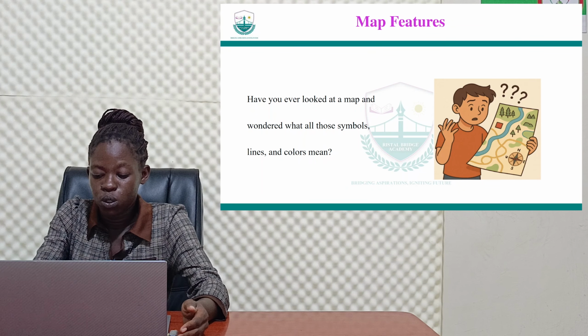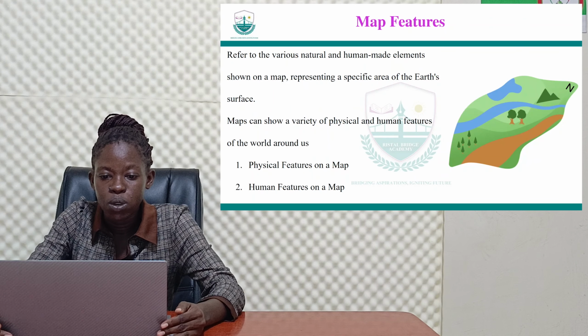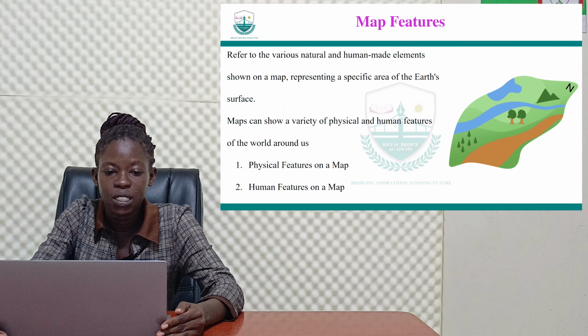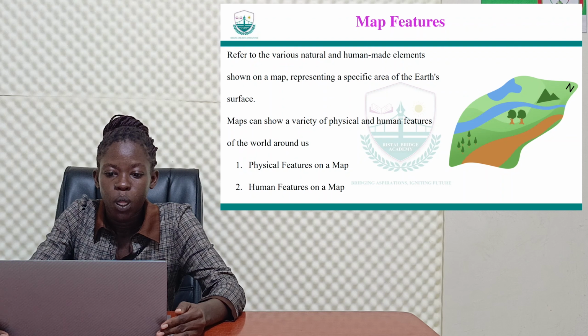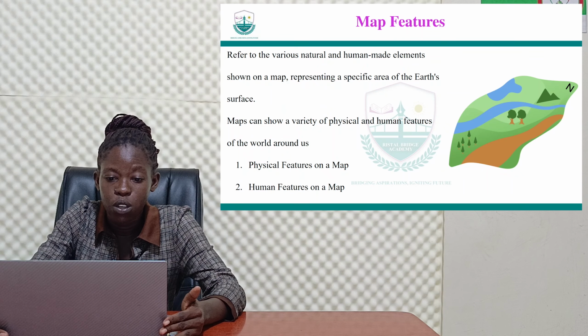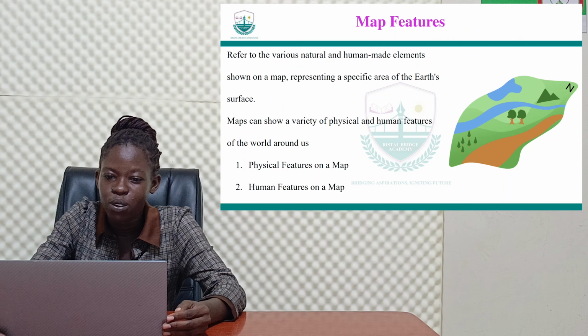Okay, let's delve into the understanding of our today's topic, and that is all about map features. Map features refer to the various natural and human elements shown on a map, representing a specific area of the Earth's surface.